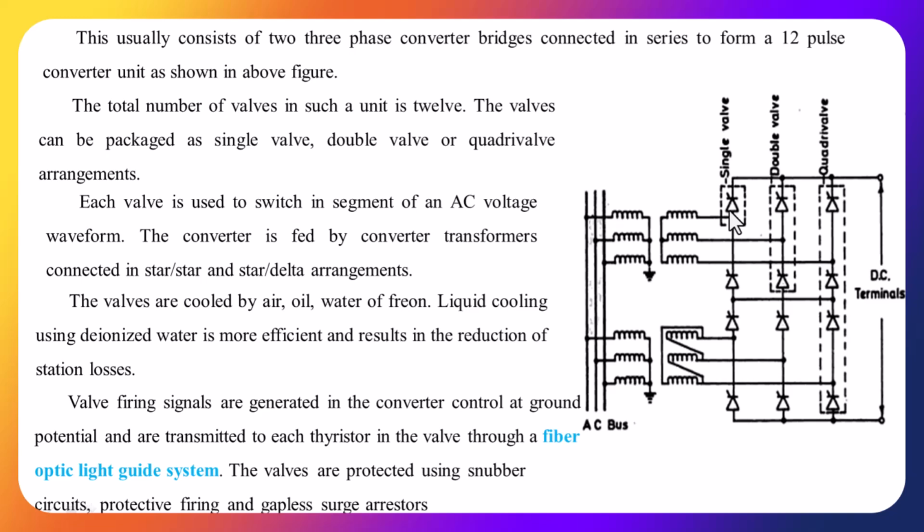The driver circuit converts this light signal to an electrical signal. That electrical signal is given to the SCR so that it turns on, if it is forward biased with the AC supply voltage. These valves are also protected by means of a snubber circuit, protective firing, and gapless surge arresters.